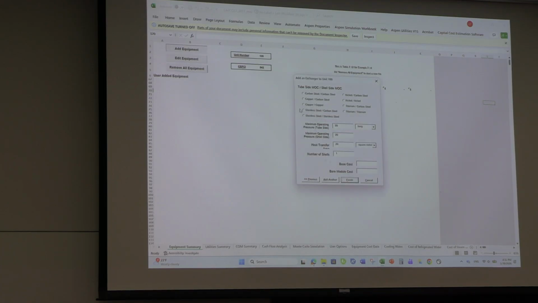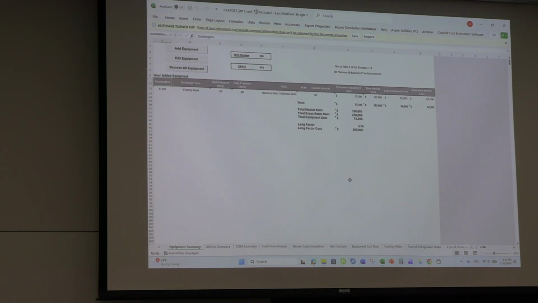Material of construction: stainless steel. Finish. 2020. This is the camp cost.